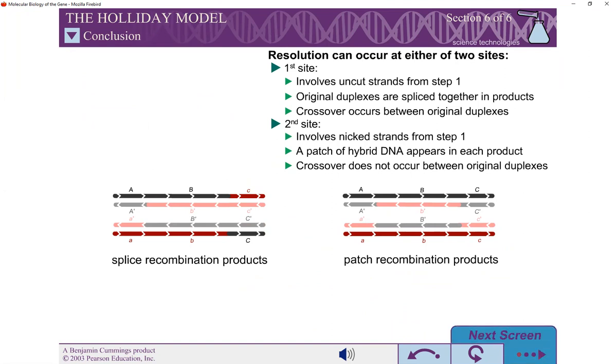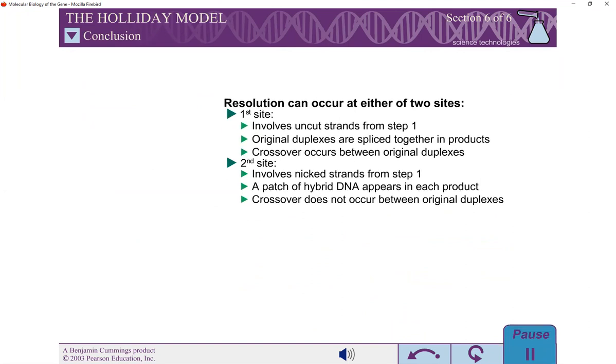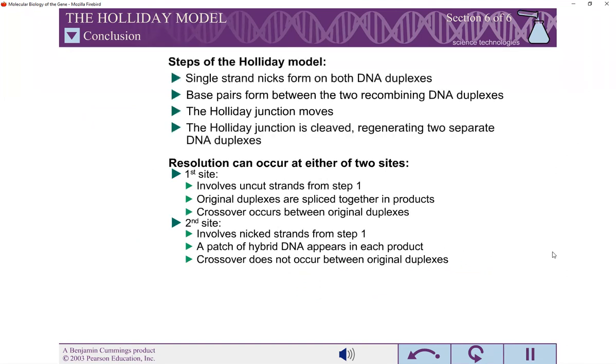That's all, the topic is over. You have completed this exercise. Now, in our next exercise, we have to study how the process of homologous recombination actually takes place and which enzymes are involved.